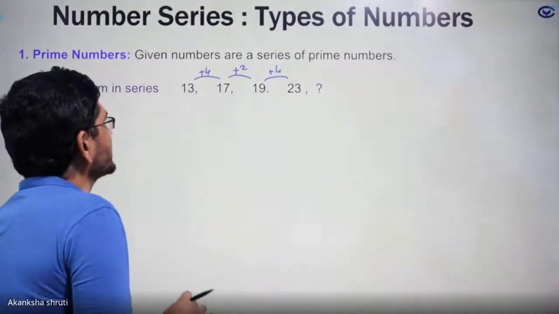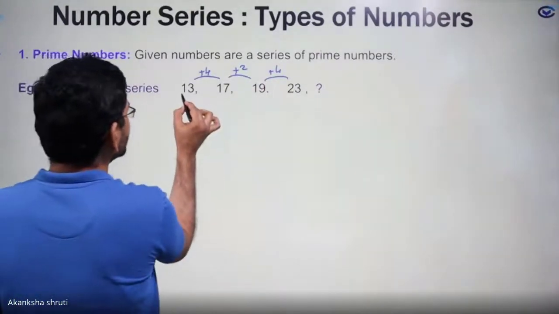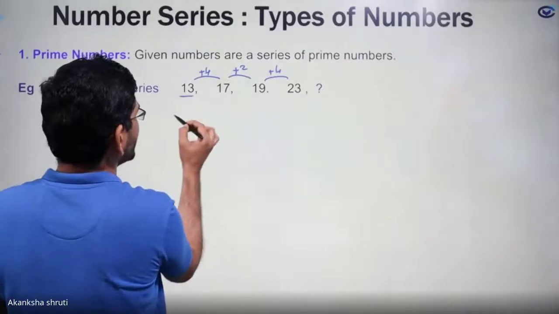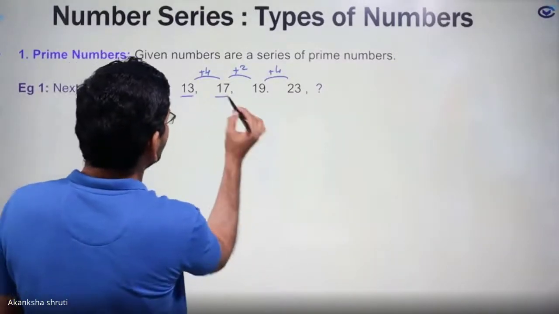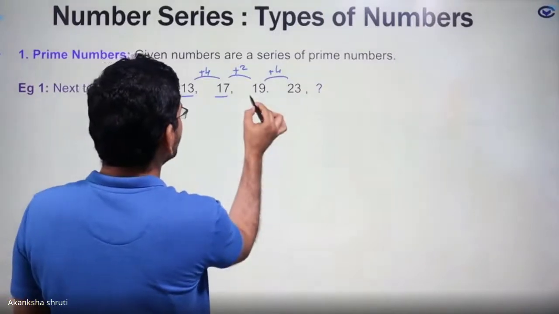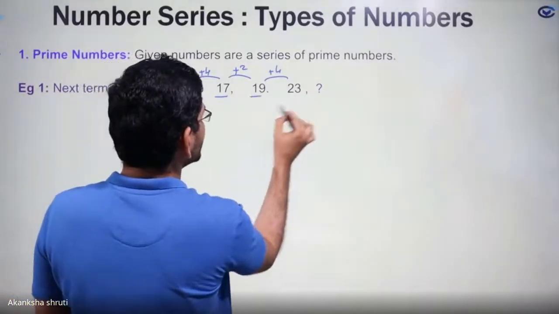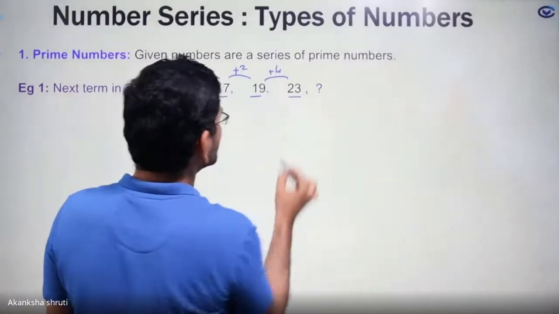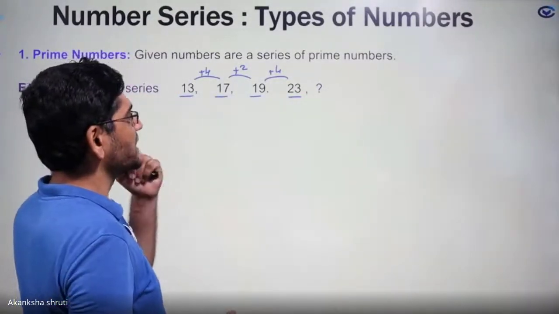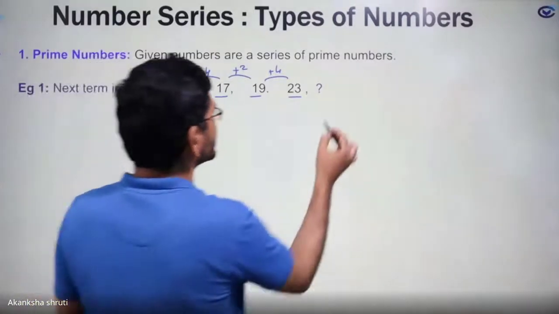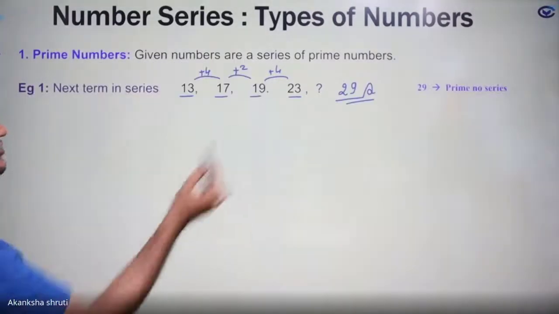But if we are watching this number carefully, it appears as the prime number 13. Next to 13 is the next prime number 17. Next to that the prime number is 19. Next to that the prime number is 23. So it is the series of prime number. Next prime number to 23 is 29.